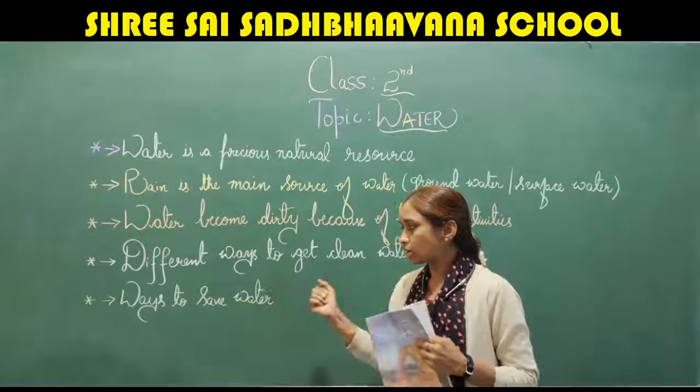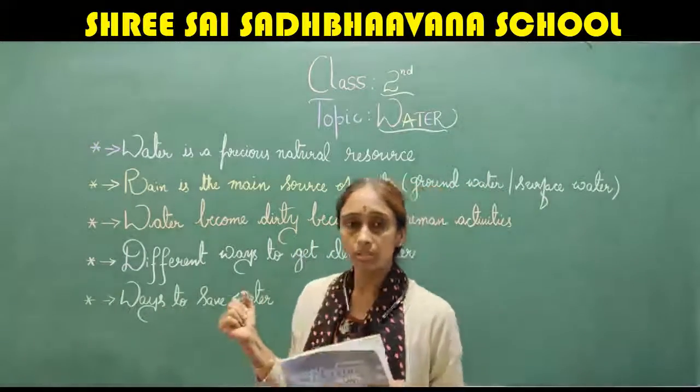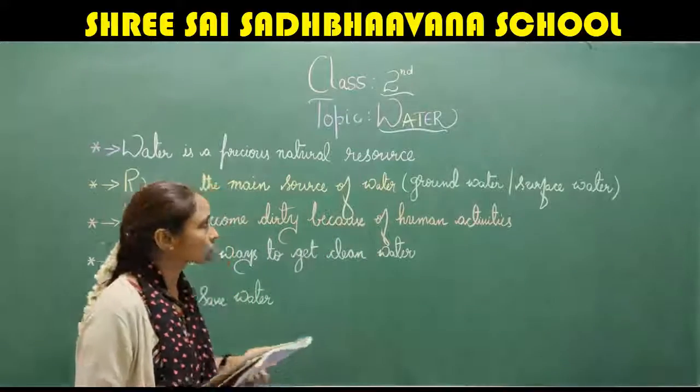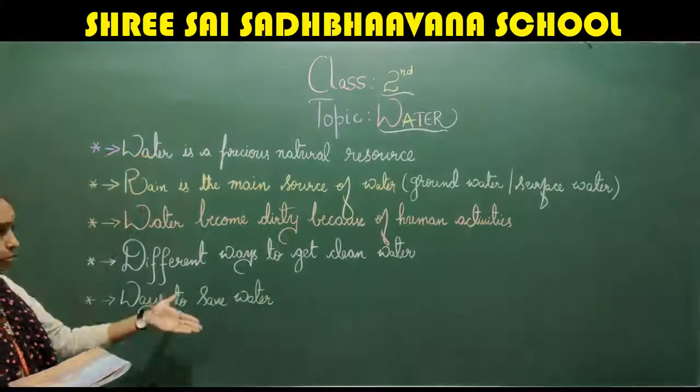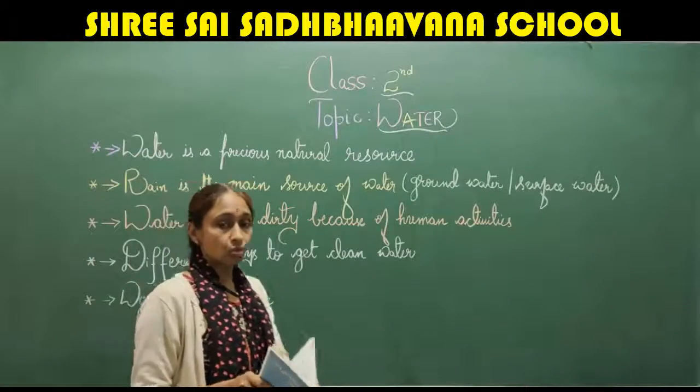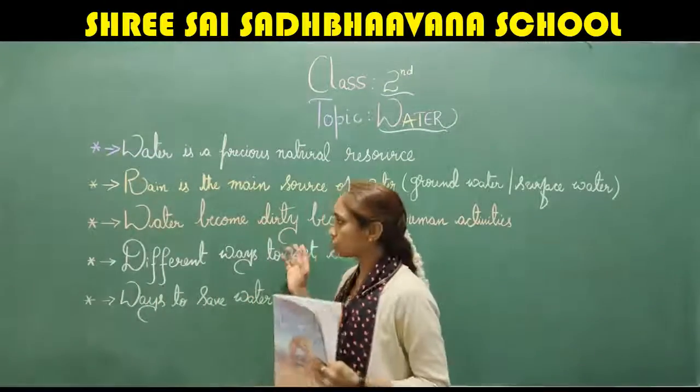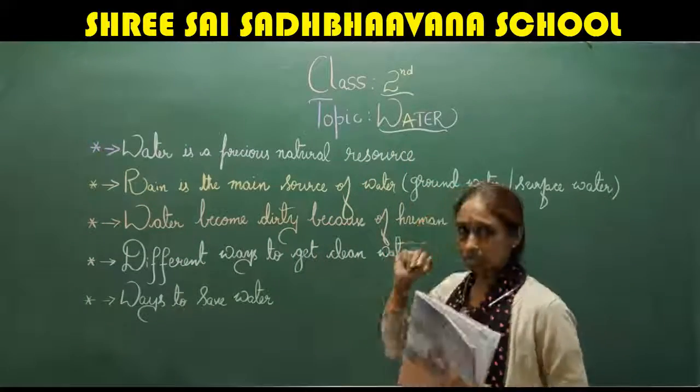Finally, we will see how to save the natural resource, water. These are all the main points I have written here. So today we are going to learn about water.